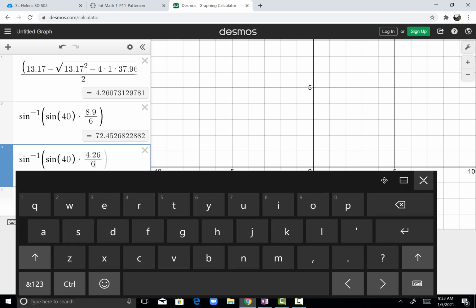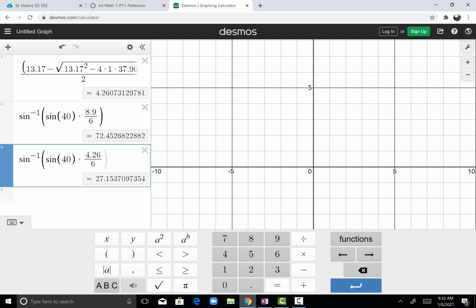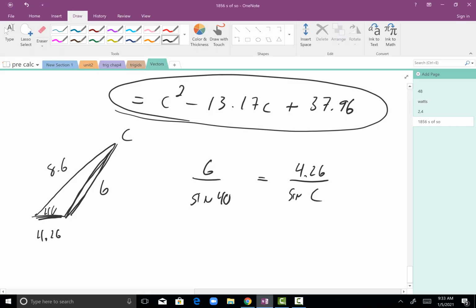And we get 27.15 and 27.12. So not too bad. So this is 27.15. I got 40 down here, so that makes this 67.15, and it makes 112.85. And it's 112.88. So again, it's close, we're just off by rounding.